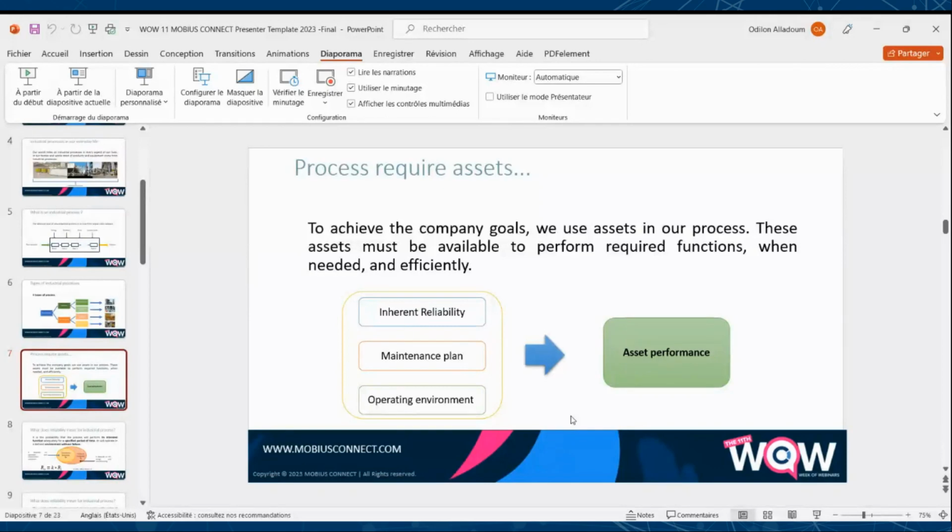Reliability is the component of our strategy that reinforces our confidence to run our process or equipment without a breakdown during a specified period of time. In other words, it is the probability that an asset or item will perform its intended functions for a specific period of time under stated conditions.